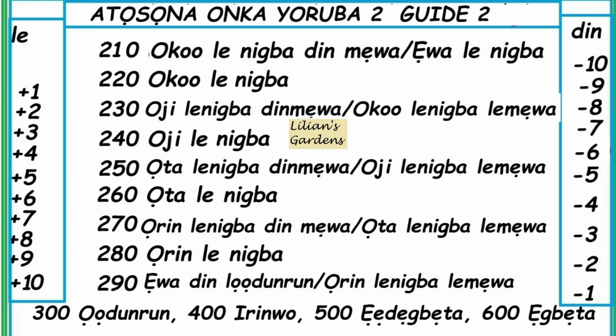So this is just a taster for somebody who might need it before seeing my next video. So the 300 is ọ̀ọ́dúnrún, 400 is irinwó, 500 is ẹ̀ẹ́dẹ́gbẹ̀ta, that is 100 away from ẹgbẹ̀ta, and ẹgbẹ̀ta is 600. And you can add léníkan, lénímẹ́ta, lénímẹ́rin, all the way to lénímẹ́wàá, or you can take away díníkan, díníméjì, dínímẹ́ta, all the way to dímẹ́wàá.